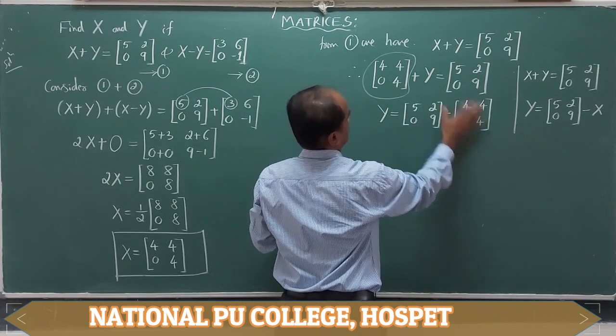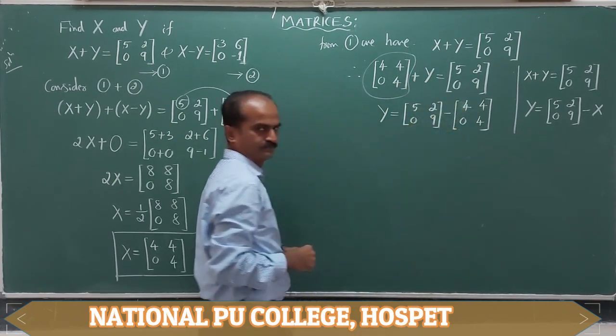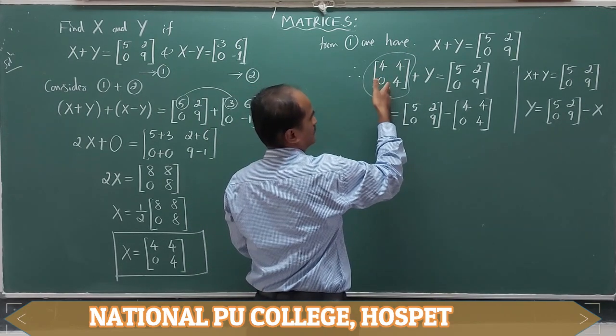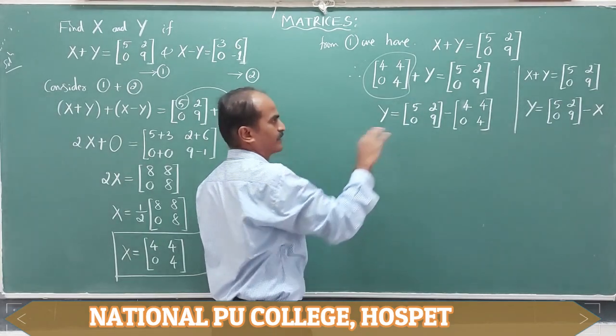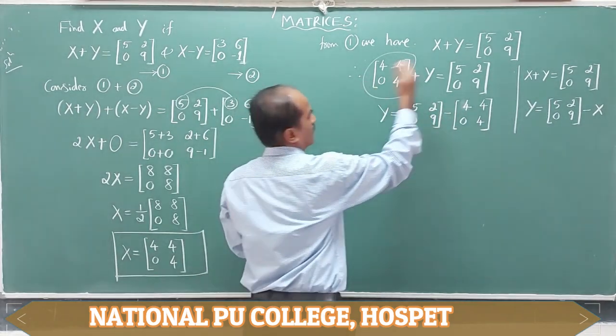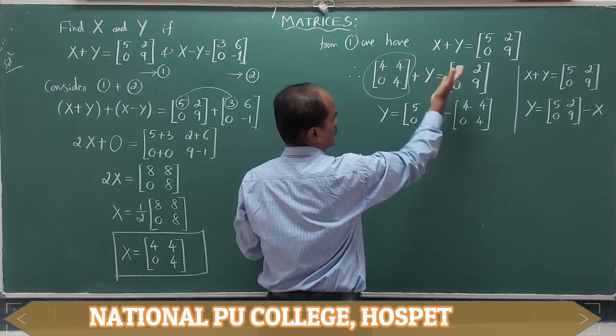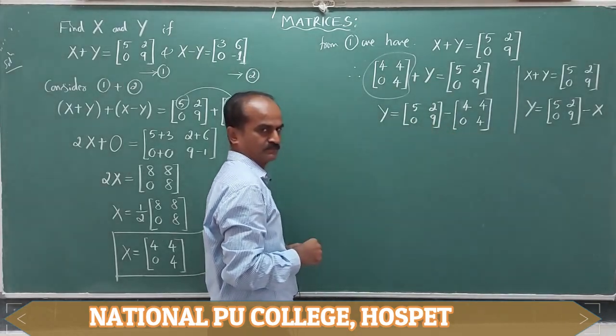Then that X matrix has to be written as one and the same. Initially I wrote X, then I sent that matrix to the right hand side. It becomes a negative of that, or on adding the negative of that matrix on both sides, I get this equation.